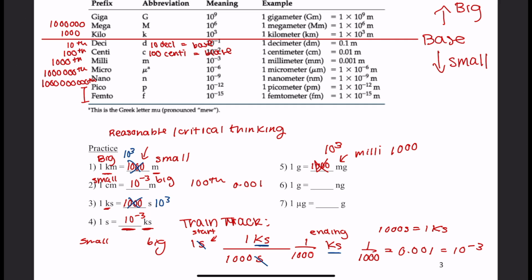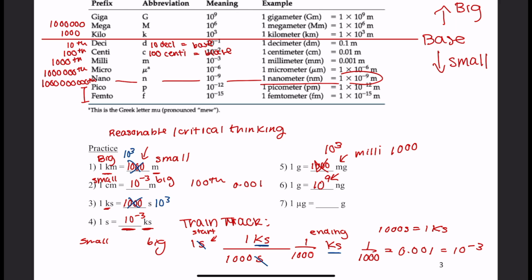This also goes from big to small. That means this is going to be a big number. And from our unit table, I know nano means there's going to be 1 billion nano, which would be 10 to the 9.